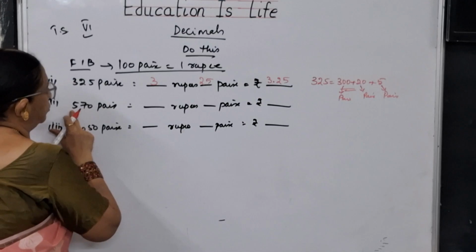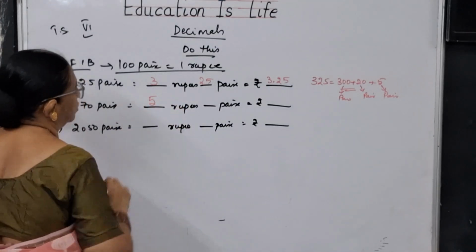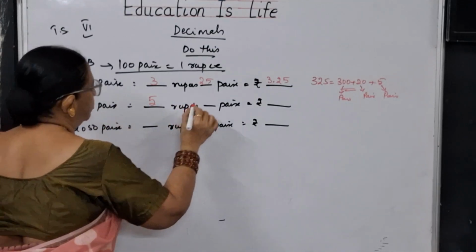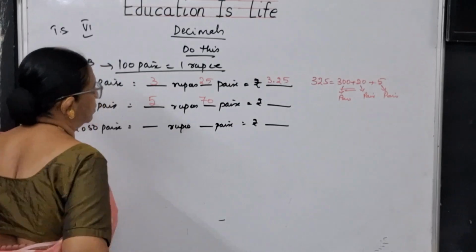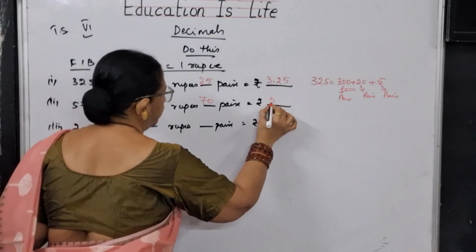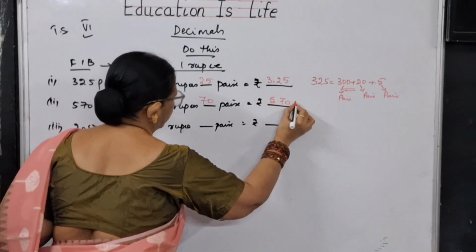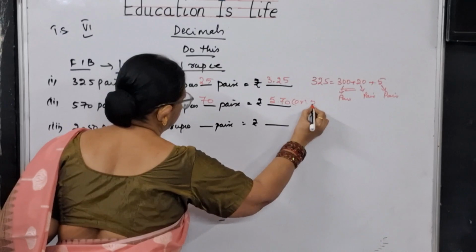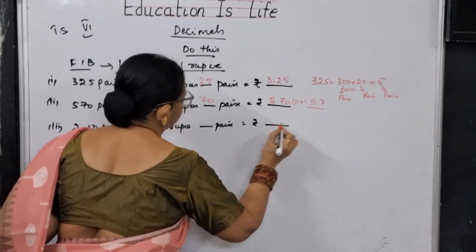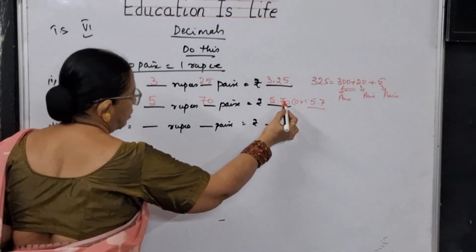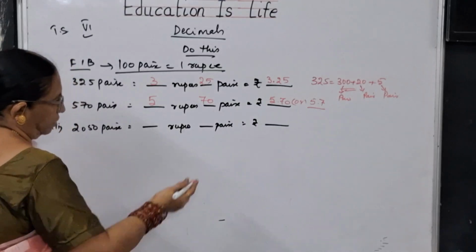Then 570 paise. In hundreds place you have 5. So it is 5 rupees. And how many paise remaining? 70. So you will be writing as 5.70, or you can write it as only 5.7 because this 0 can be cancelled.